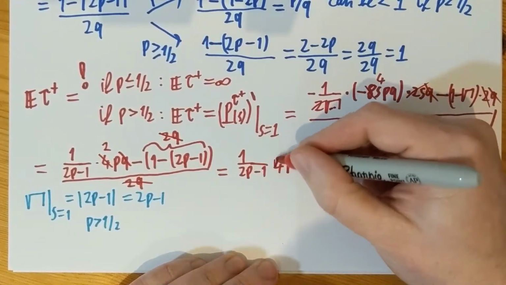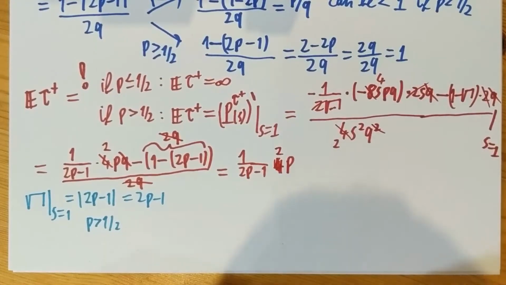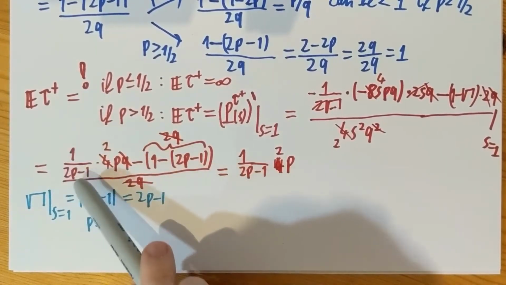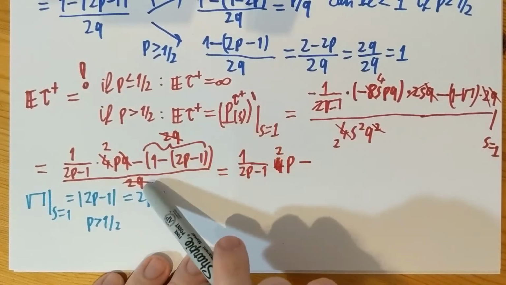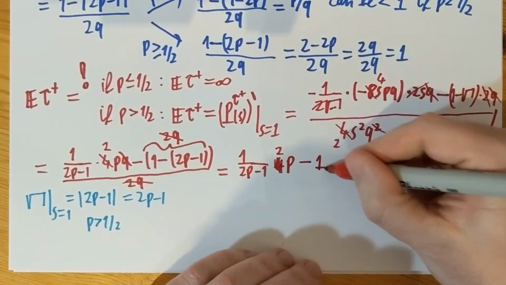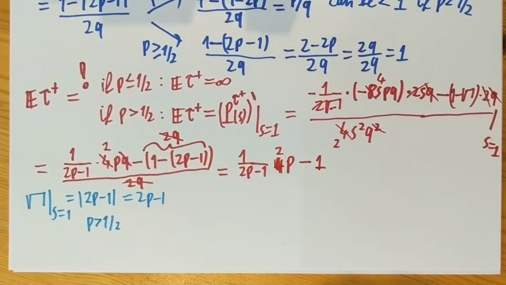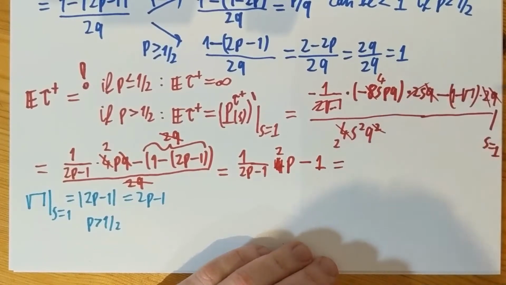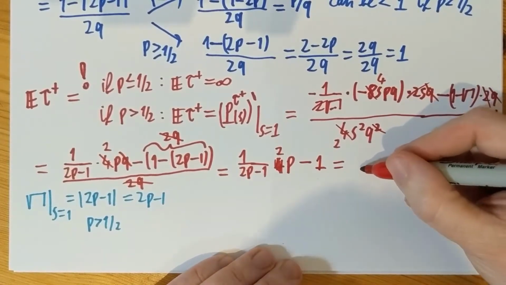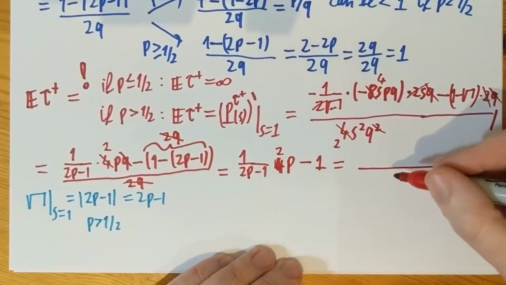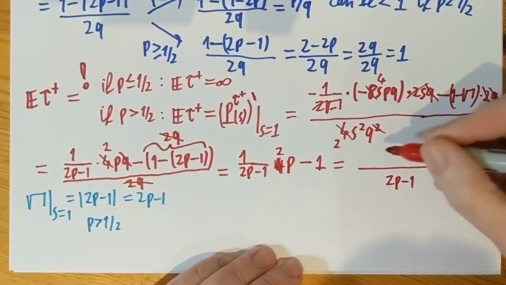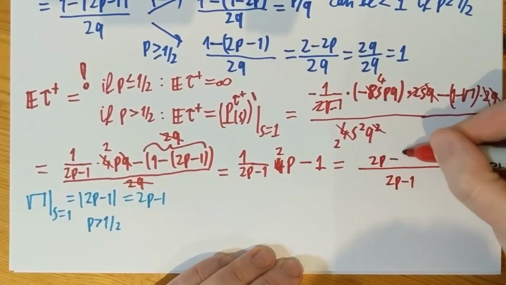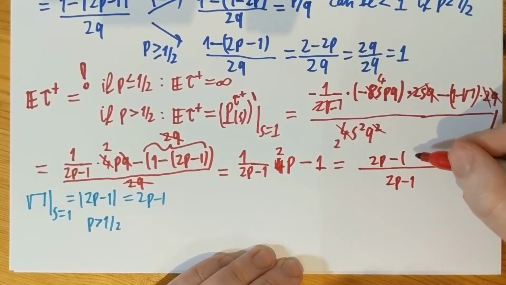So it's 1 over 2p minus 1, 2p, and then I have a minus 2q, which is cancelled out, so that just gives me a minus 1. Let's make this into a common denominator. It's a little bit algebraic, but let's do that. The common denominator is 2p minus 1, and I have 2p minus 1 of that.